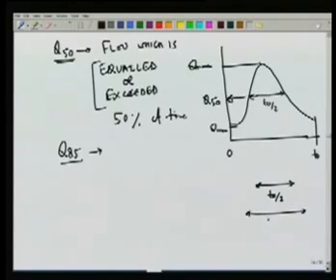So this will be 0.85 T0, and again we fit that line which will be 0.85 T0. So this flow would be equaled or exceeded 85% of the time.